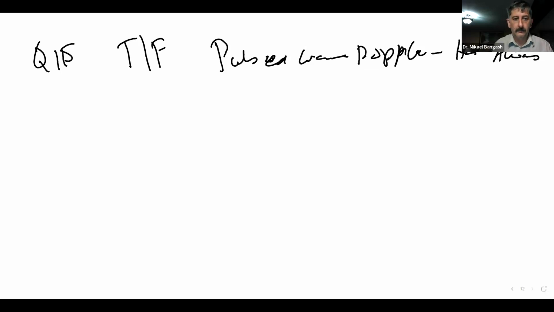And that is true. Because what we mainly said as our last thought on aliasing was that we can actually get rid of this aliasing if we used continuous wave Doppler.